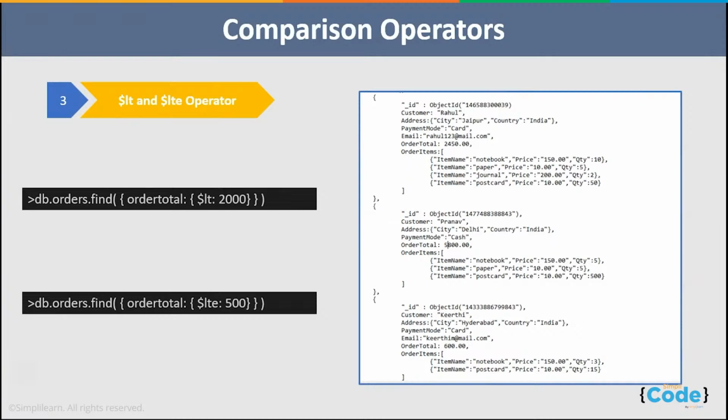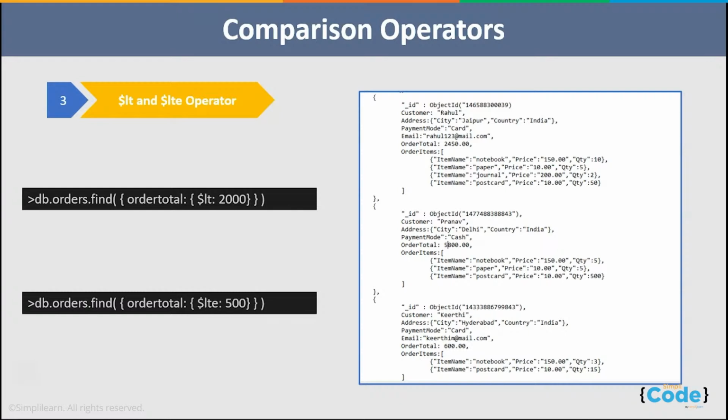Alright, moving ahead, let us now understand LT and LTE, which are the negation or complete opposite of greater than and greater than or equal to. In less than, we have taken an example which is again order total less than 2000. So I guess we have only one record here, of customer Kirti, whose order total is 600. And similarly, less than or equal to 500.